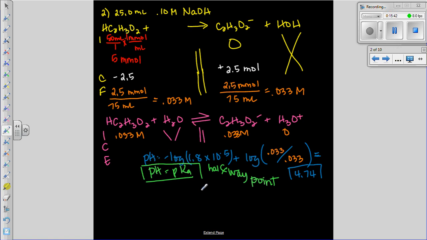So pH is equal to pKa at the halfway point, and that is where the concentrations of your acid and your conjugate base are equal to each other.